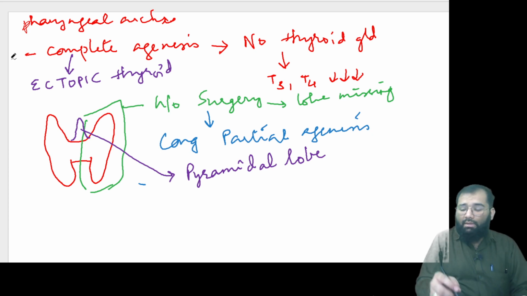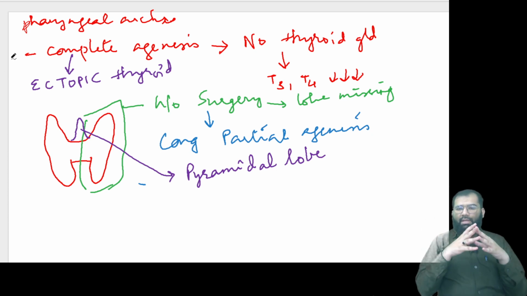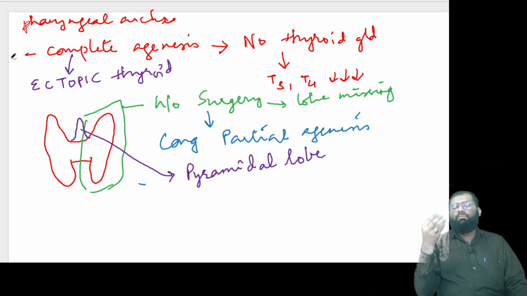Sometimes you get elderly patients. Like I had a patient once who had a swelling in the submandibular region, a large swelling, and he was complaining that there is a swelling over here, and the surgeons were about to remove that swelling.